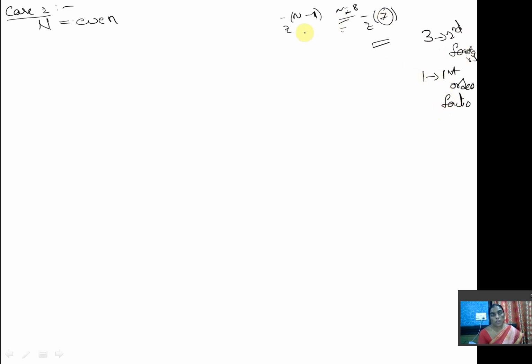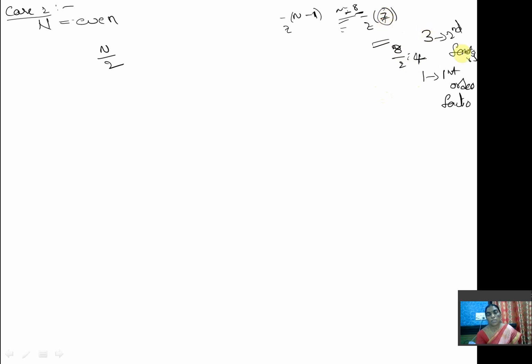So similarly here, if n is even, n by 2. See this one, 8. 8 means n by 2 is 4. So in this 4, the first one is the first order factor, and the remaining 3 are second order factors.